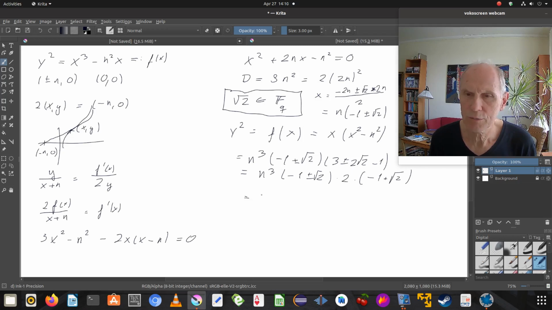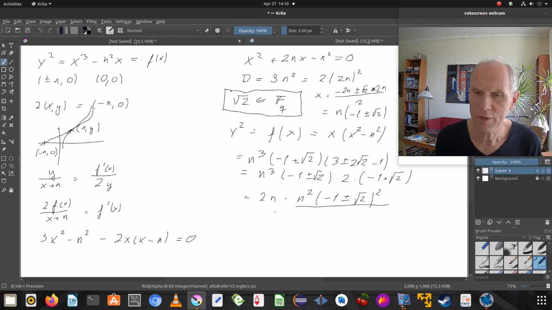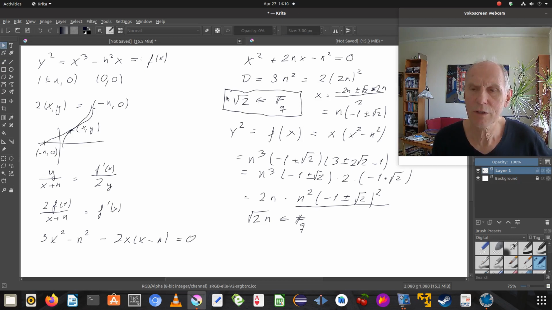So it becomes 2n times n squared minus 1 plus minus square root 2. So this is a perfect square. Thus the square root of 2n needs to lie in the field. Square root 2 already must lie in the field. So that gives us square root n as well.